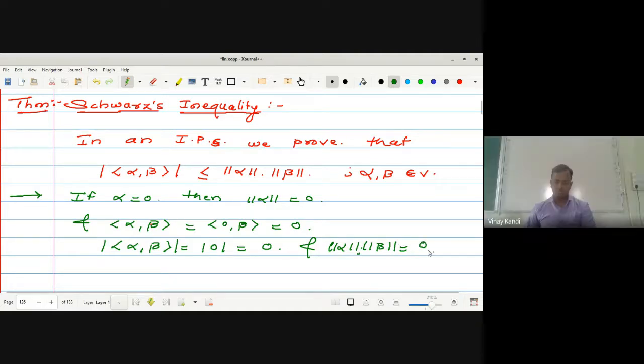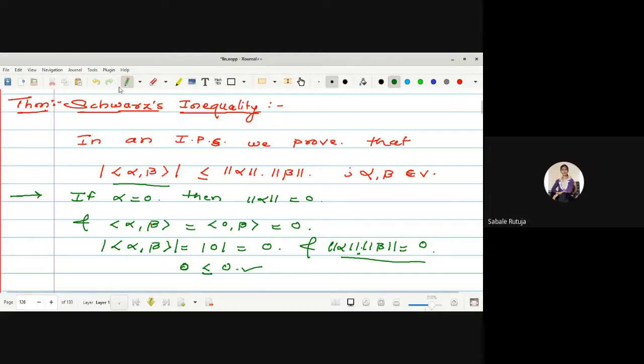So look here: the left hand side, modulus of the inner product of alpha and beta, is 0, and the right hand side is also 0. So this inequality holds for alpha equal to 0. Is it correct? Yes, sir.